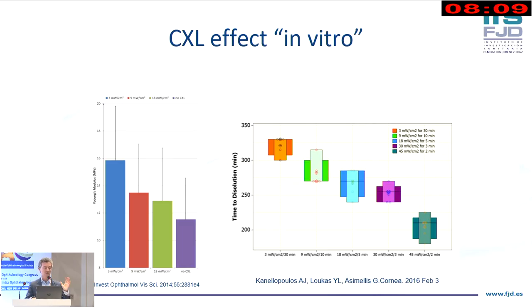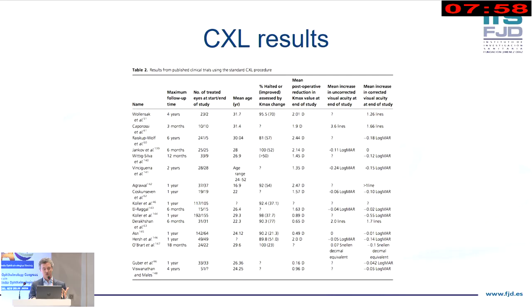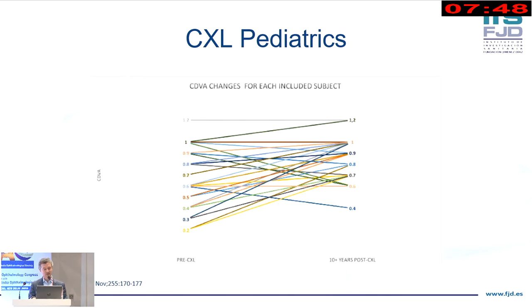It also happens in vitro, and we can see in patients that the longer the cross-linking, the more effect we have. So we know cross-linking is effective in general, and we know it's effective in children, even in the long term.